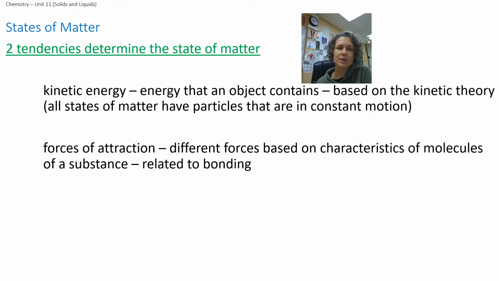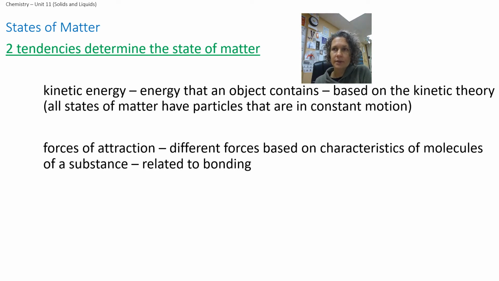First off, we're dealing with states of matter, and there are two characteristics that determine the state of matter. The first one is kinetic energy. Remember, all states of matter have particles in constant motion, from the tiny vibrations in place of a solid, to the flow of a liquid, to the all-over-the-place motion of a gas.